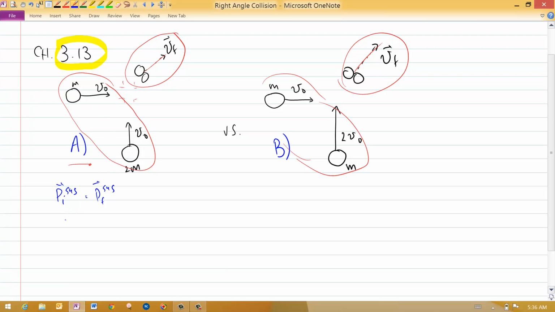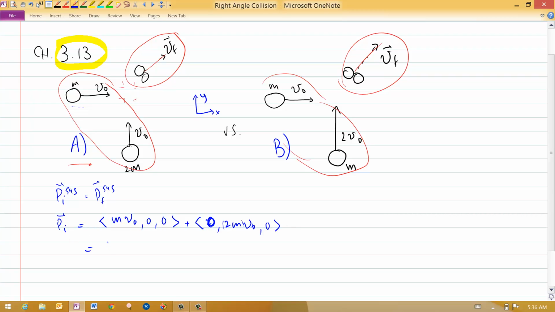I've got two objects. For the initial momentum of the system, let's say this is my x direction and that's my y direction. I can write it as two vectors, one for the car heading east, that would be m v0 in the x direction, nothing in the y and nothing in the z. And then I add to that the momentum of the truck heading north. That's 0 in the x direction, and in the y direction, it is 2m v0. That's because it's got twice the mass of a car, but it's heading at the speed limit, and 0 in the z direction.